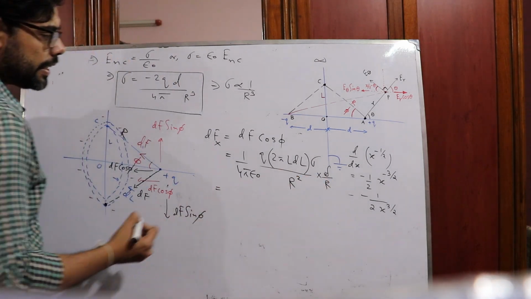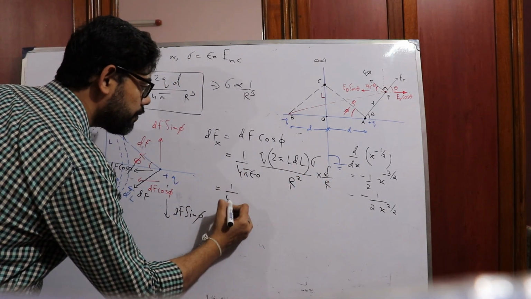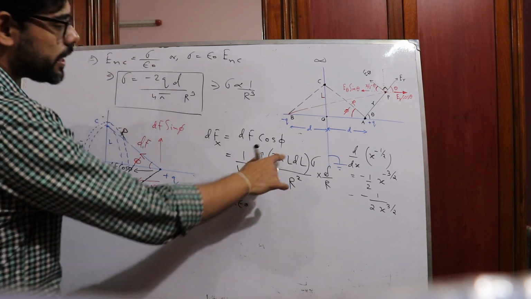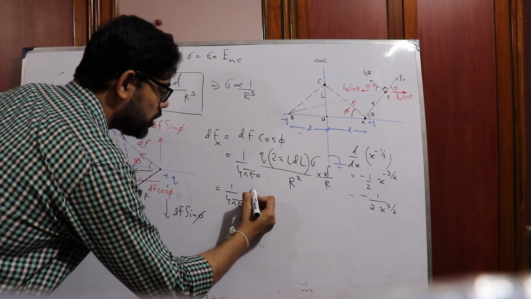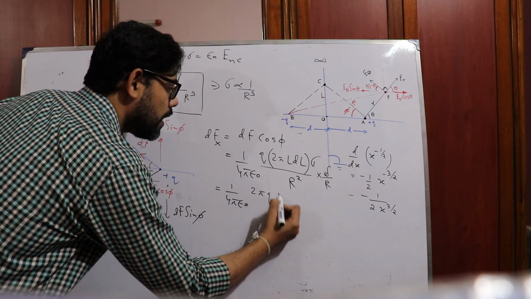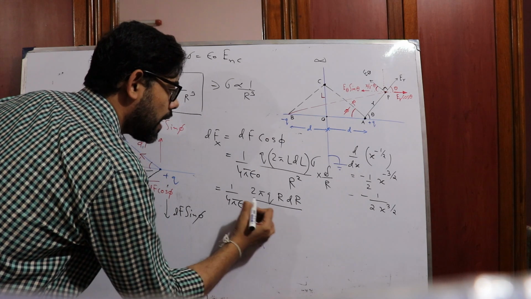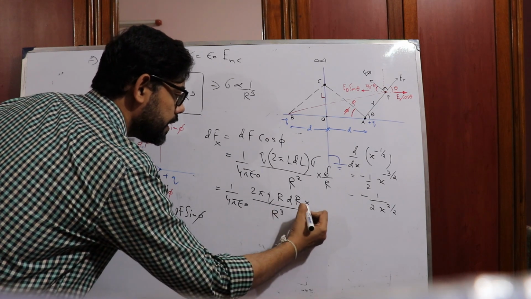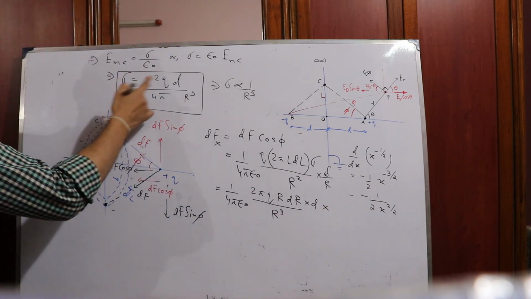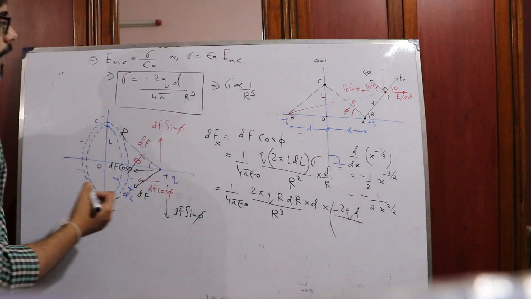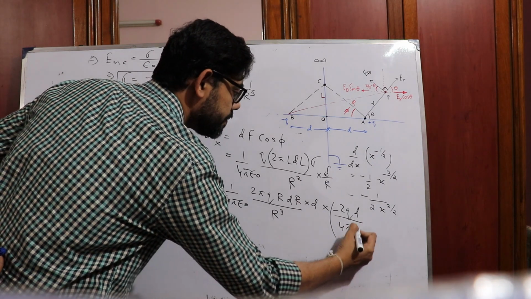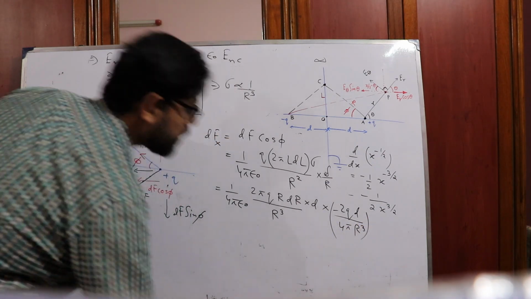So now let me sort things out. So 1 by 4 pi epsilon 0. Now instead of L dL I can write r dr. Just a few minutes back I showed you. So it is 2 pi q r dr by r cube into d into sigma. Sigma is minus 2qd divided by 4 pi r cube.